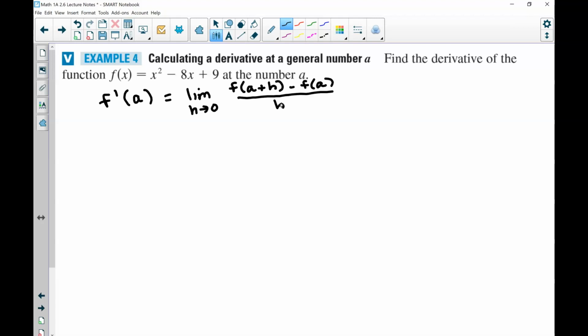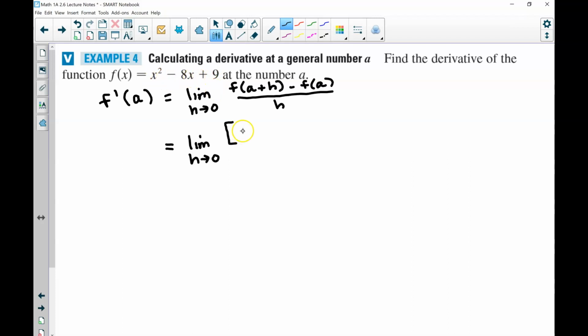Okay, so now this is going to equal the following. You're going to have the limit as h approaches 0. And now we're going to substitute a plus h into this function.